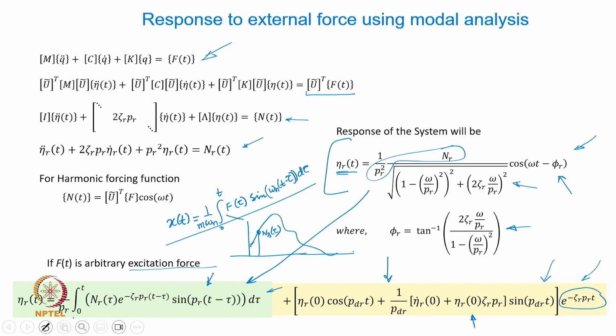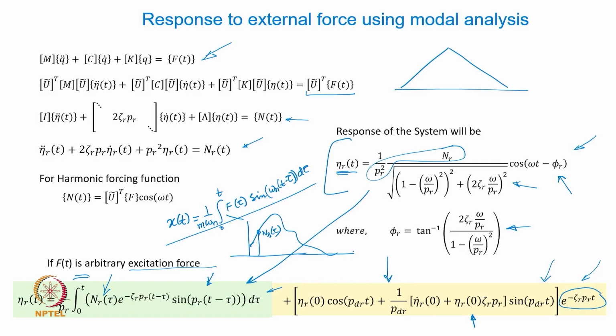Now, the question again is how do you account for this integral sign? If eta r of tau can be expressed in the form of a mathematical function, then the integral can be solved and you get a closed form mathematical equation which you can solve for each time. Otherwise, you will have to use a numerical method to get the response value.